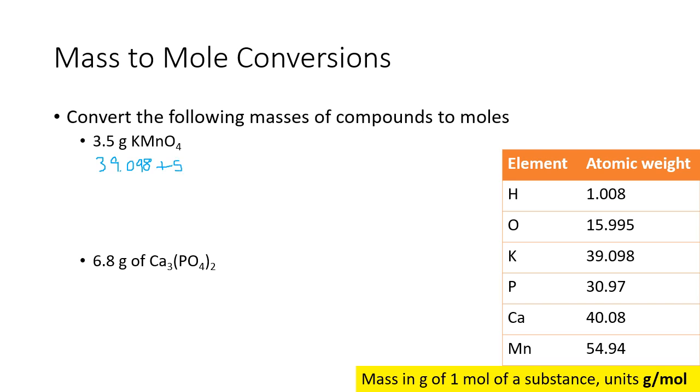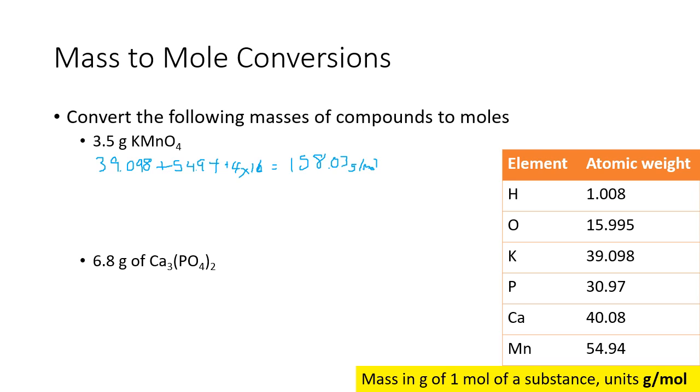Manganese 54.94, and then we have 4 oxygens, so 4 times 16, and when we add all of that together, we get 158.03 grams per mole.